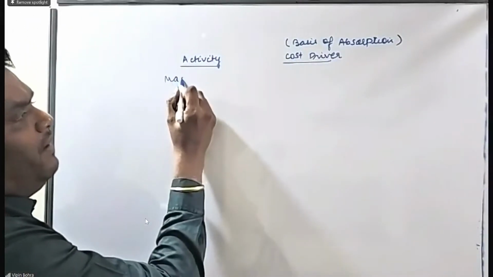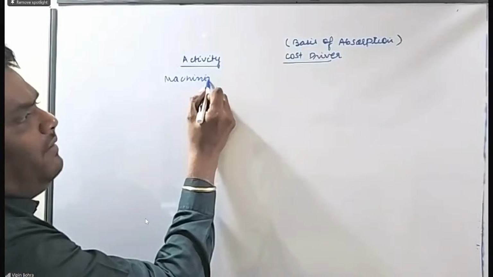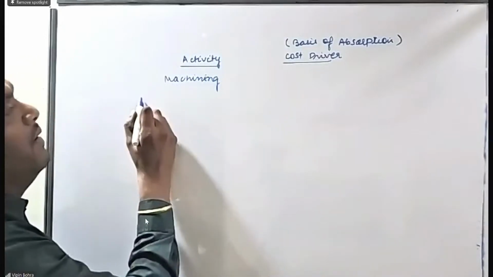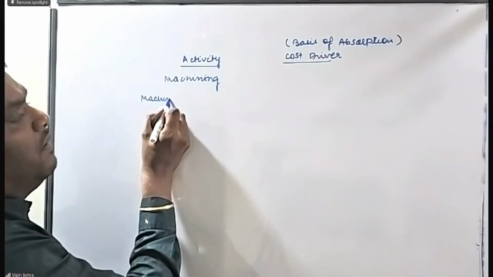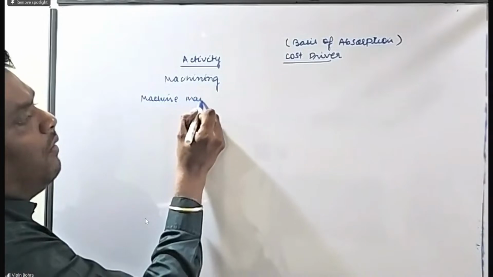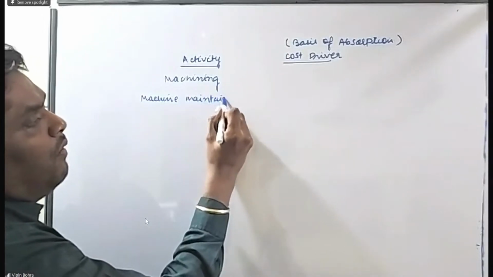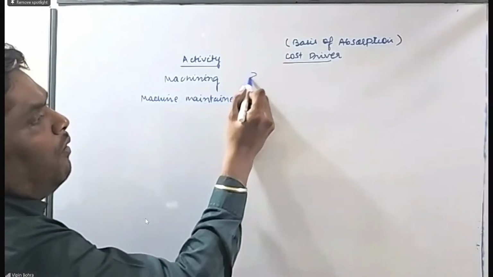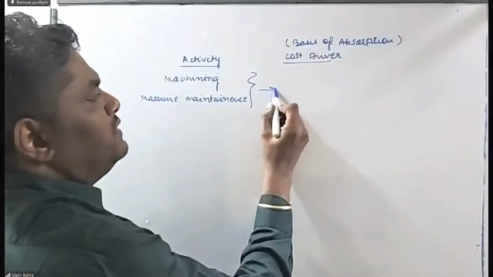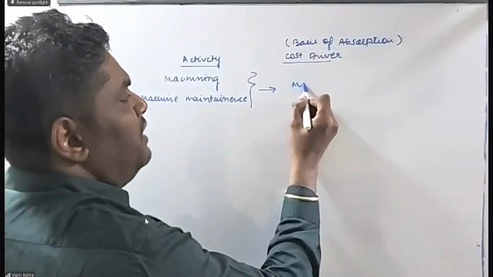We can say machining can be an activity, or we can say machine maintenance. When talking about the cost driver, it is generally machine hours.